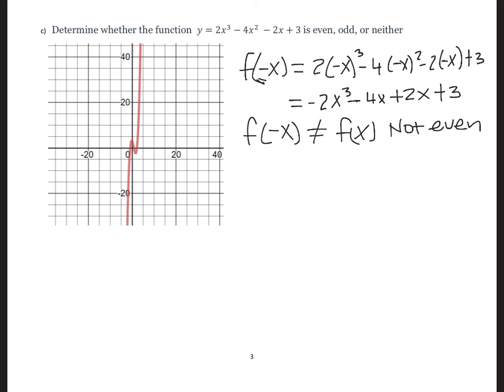Then the next thing I'm going to do, let me do negative f of x, and then I'm going to see whether it's equal to what I have gotten up there.